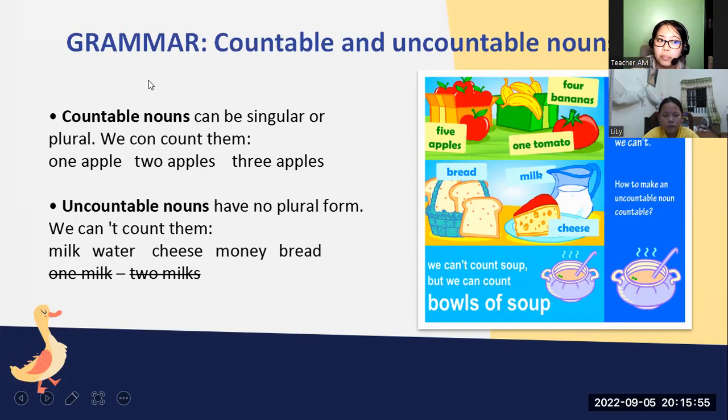When you say bread and cheese or milk, it is not plural and it is not singular either. That is uncountable.